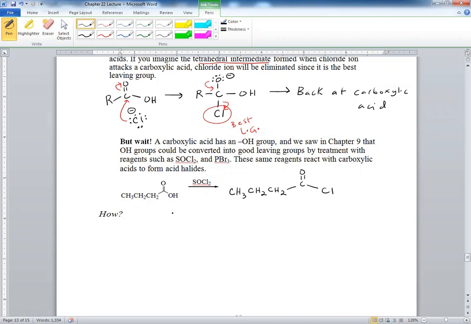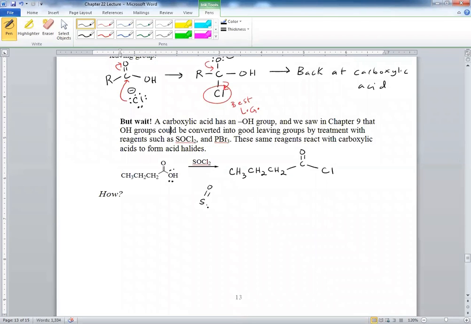In the mechanism here, you are attacking the S. This involves multiple steps, but let's put the arrows, put the electrons on the OH, and then draw SOCl2.